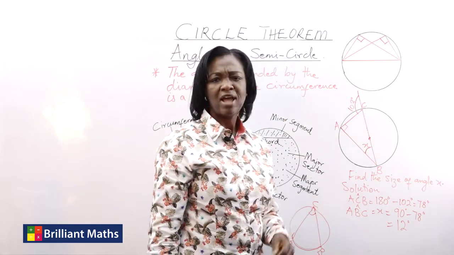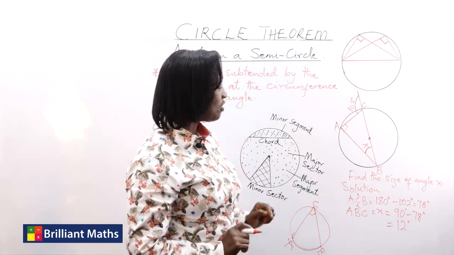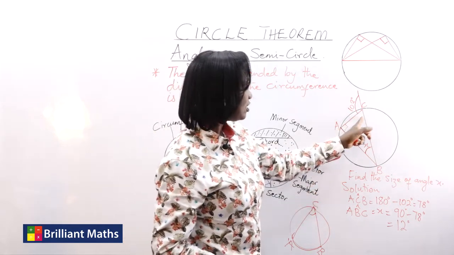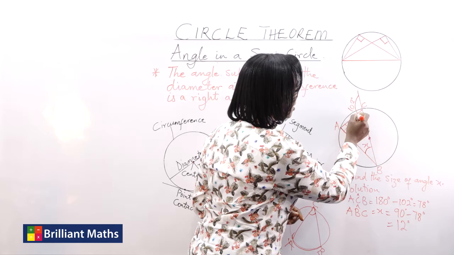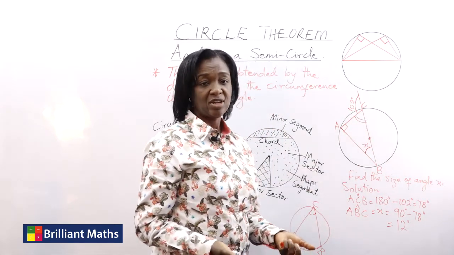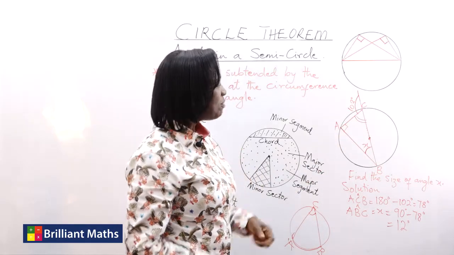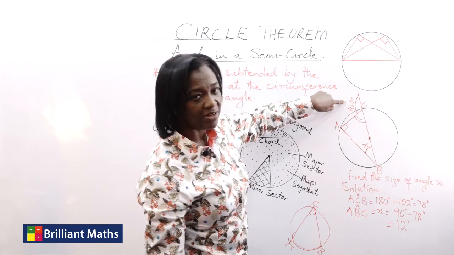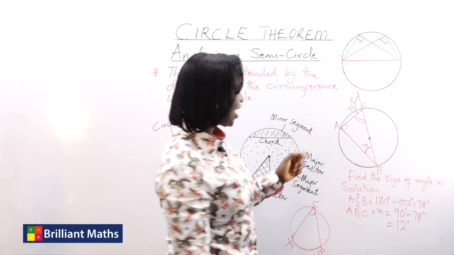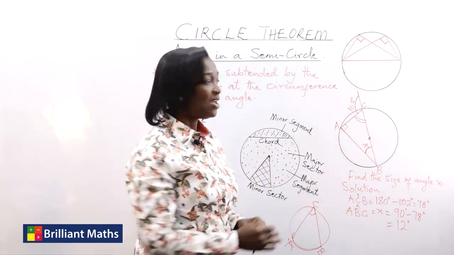That's a triangle, and the sum of the angles of a triangle is equal to 180 degrees. If we know that this angle is 90, that means the sum of the other two angles, this one plus x, will also be 90. So 90 plus 90 will give us 180 degrees. But we have an outer angle there, which is given as 102 degrees. So we can find angle ACB first, before we find x.